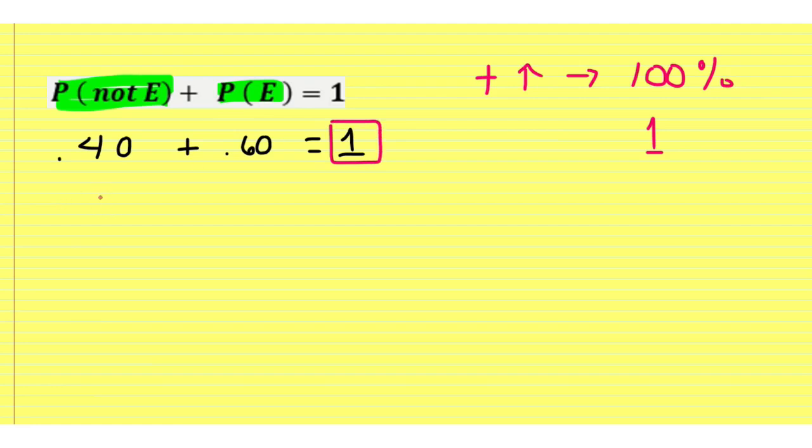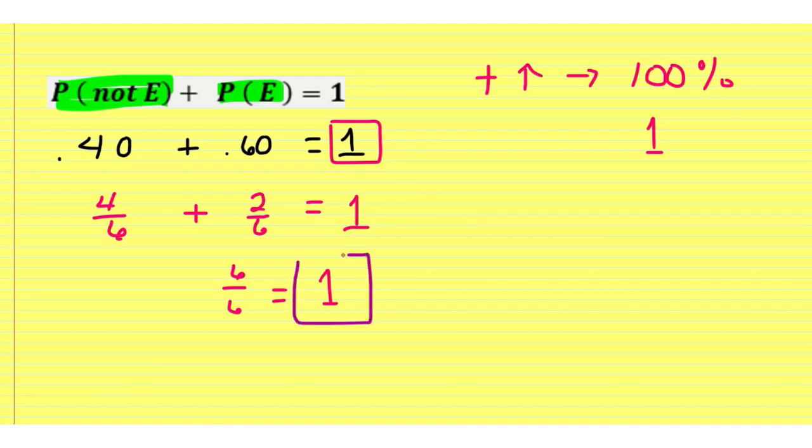If we have a probability that's, say, 4/6, and you have two parts to your group, then it's still going to add up to 100% of the group. That means the other probability would have to be 2/6, because 4/6 plus 2/6 equals 6/6, and 6/6 is equal to 1. So the idea we want to convey here is that complements always add up to 100%.